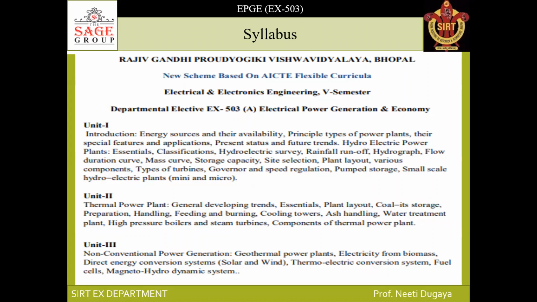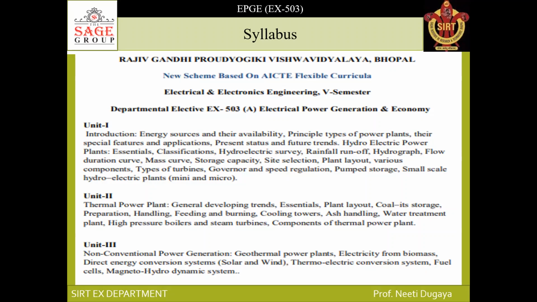Those are the essentials, classifications, hydroelectric survey, rainfall runoff, hydrograph, flow duration curve, mass curve, storage capacity, site selection, plant layout, various components of a hydropower plant, types of turbines, governor and speed regulation system, pump storage, small hydroelectric power plants. Those are mini and micro hydro power plants that we are going to study in unit 1.